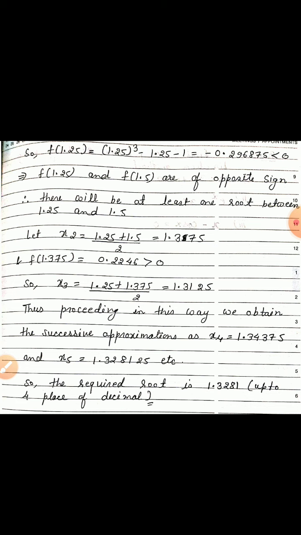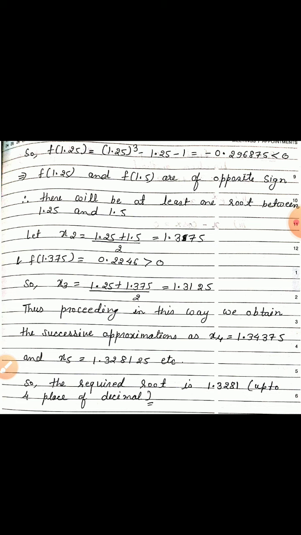Let x2 is equal to (1.25 plus 1.5) divided by 2 equal to 1.375. So f(1.375) is 0.2246, again, which is greater than 0. You have to compare the value of f(1.375) with the previous values, that means f(1.25) and f(1.5). f(1.5) is positive and f(1.25) is negative.